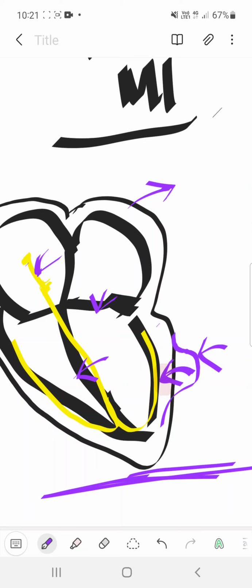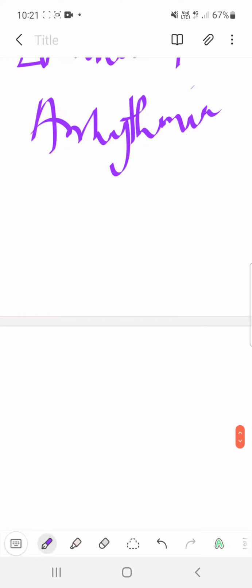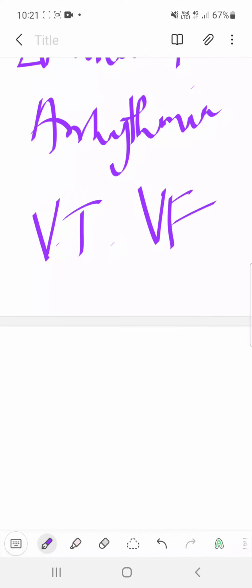It is pulseless VT. Here you have to give cardioversion. So that is VT, ventricular tachycardia, VF, ventricular fibrillation, or you can get Mobitz 2 heart block.